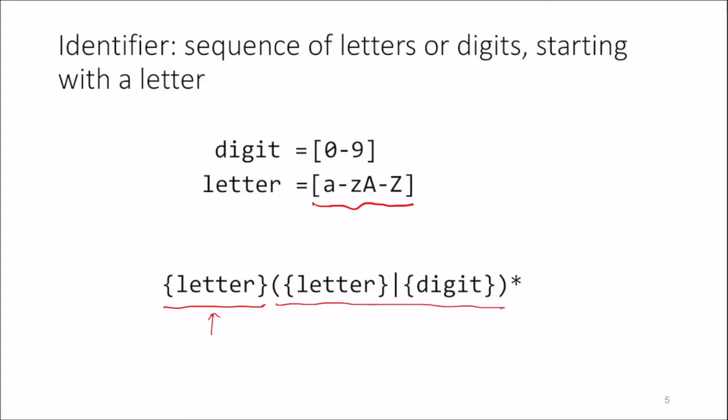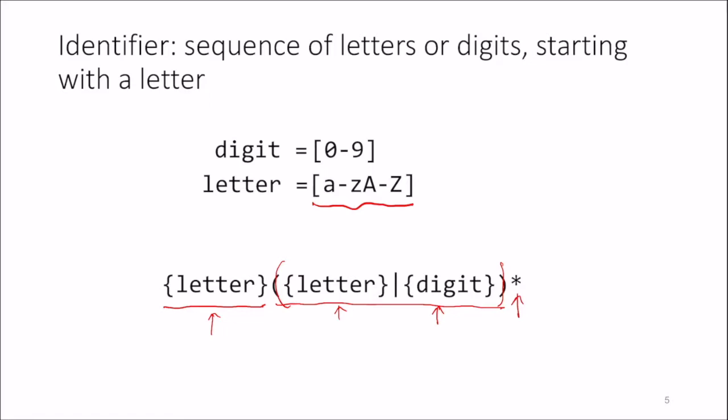I can put a bracket around this and put a star here, which says I can have 0 or more repetitions of a letter or a digit, as many repetitions as you want, including the empty string.